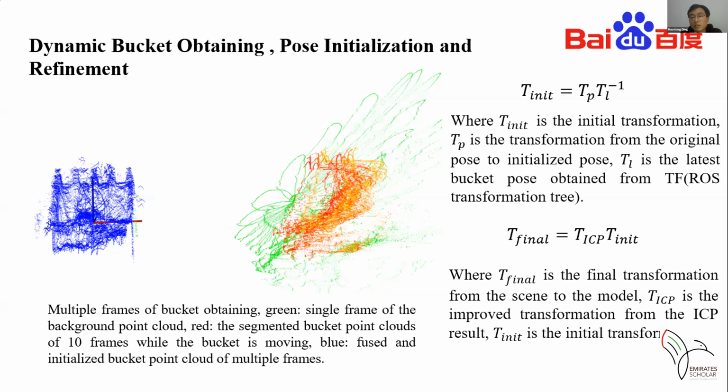TL is the latest bucket pose obtained from TF. And it's necessary to align them with ICP to improve the accuracy. Thus, we got the final transformation from the scan to the model as T final, and TICP is the improved transformation from the ICP result. T init is the initial transformation.